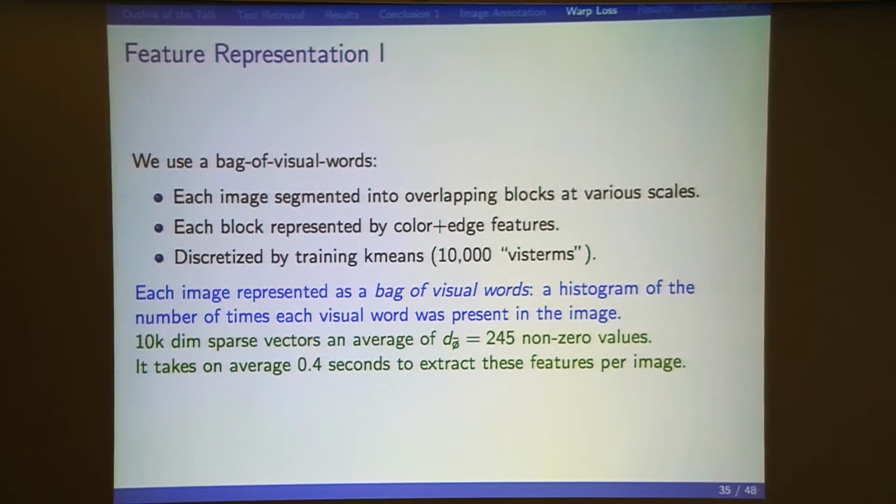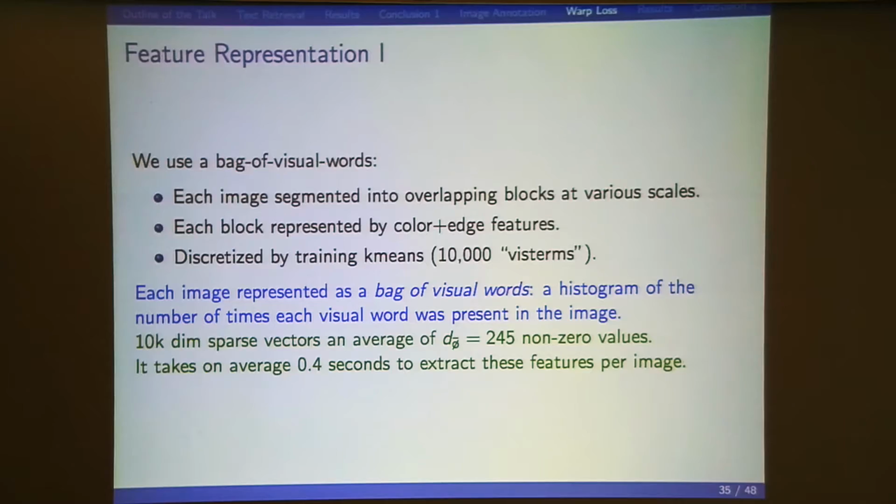Afterwards, when you get a new image, you can cut it up into the blocks in the same way. You look for which center they're closest to from the k-means, and then you would have a 10,000 dimensional vector, with the count in each dimension of how many times that block appeared. So this is the kind of thing.